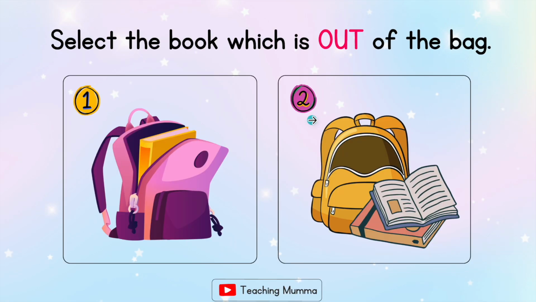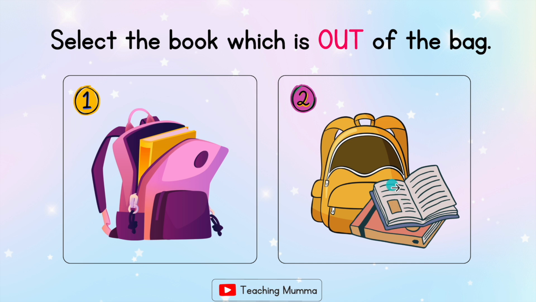Select the book which is out of the bag? Option 1. Option 2. The bag is open and the book is inside the bag. And in option 2, the book is outside the bag.